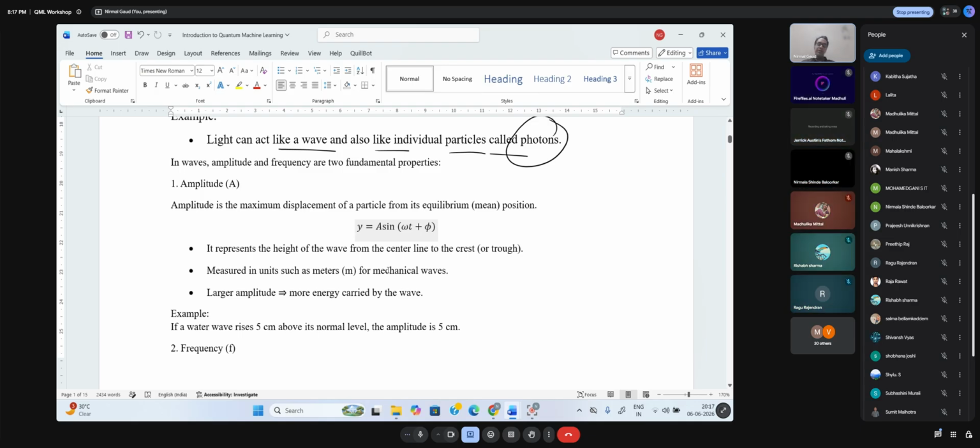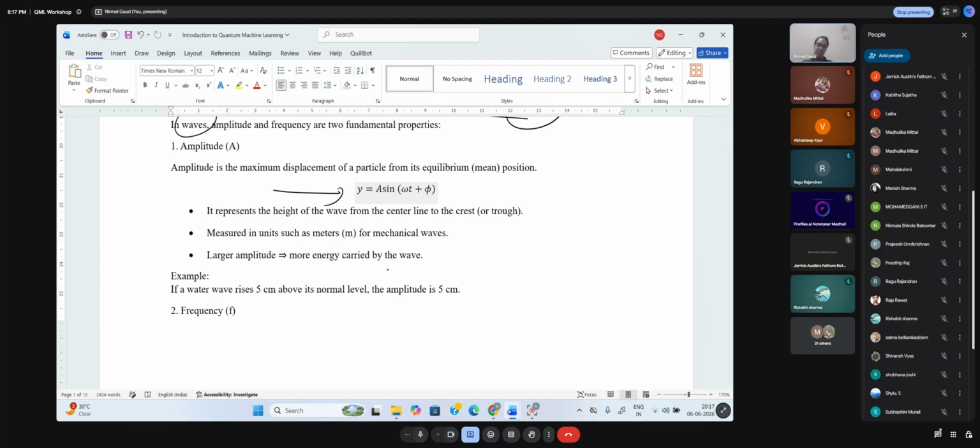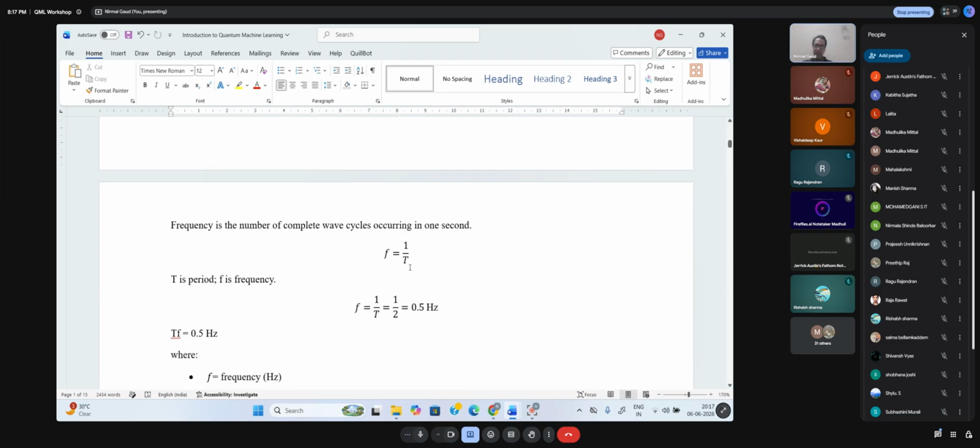Then, in wave theory, we have amplitude represented by y equal to a sin(omega t plus phi). It represents the height of the wave. The larger the amplitude, the more energy carried by the wave.